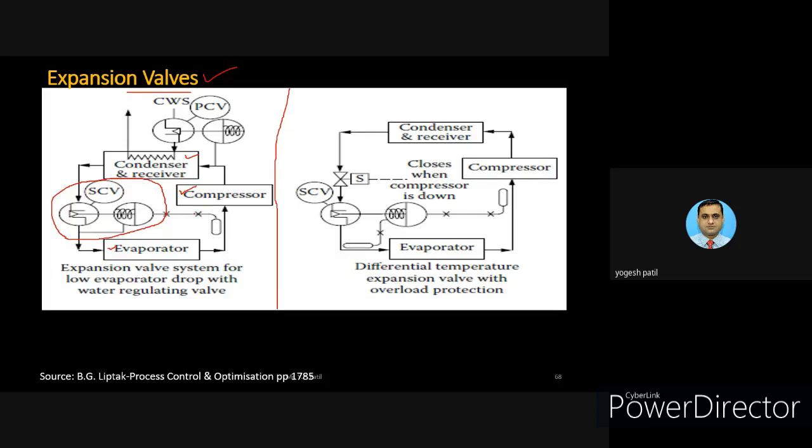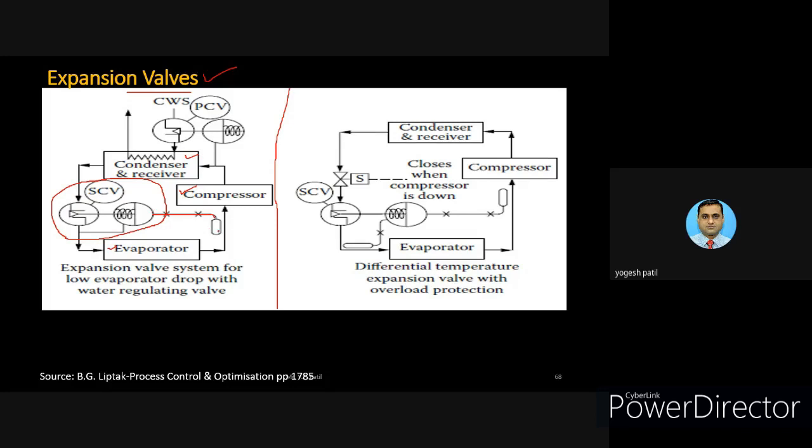One main inlet, from the top side of the valve, is by this particular line. This line is actually the vapor or pressure line. You can understand easily from the notation.